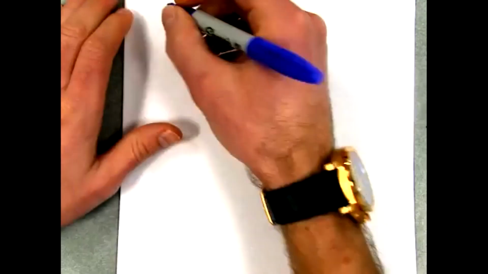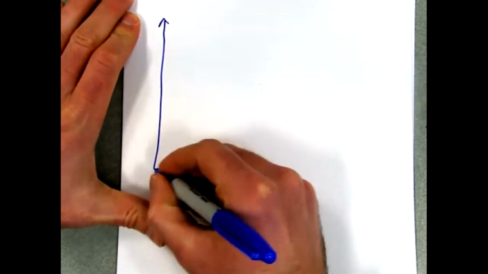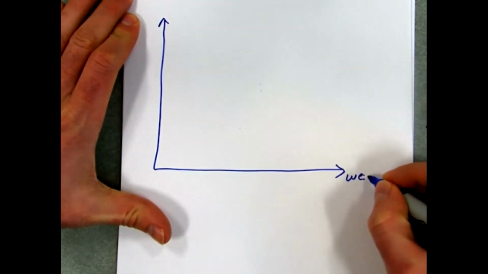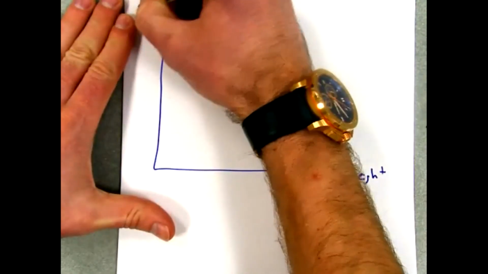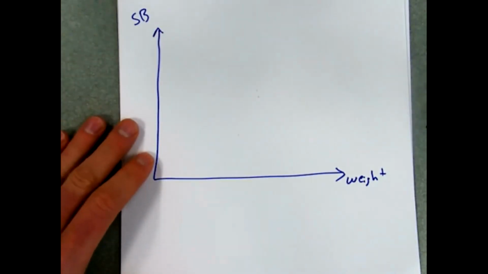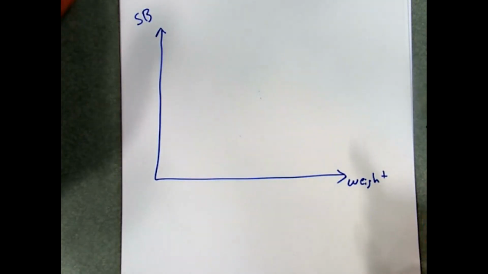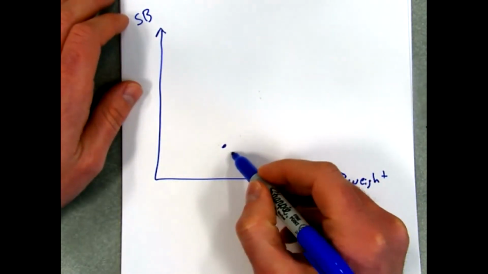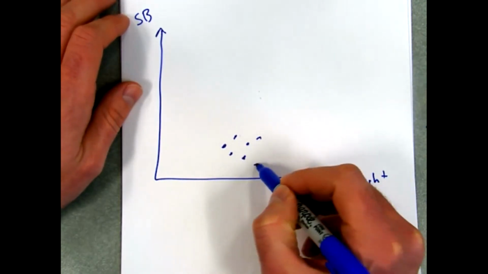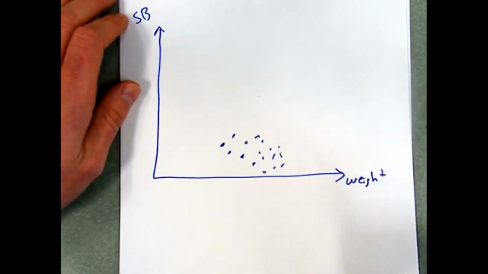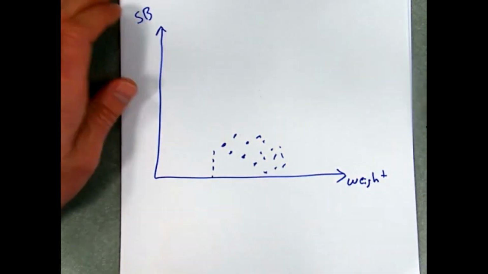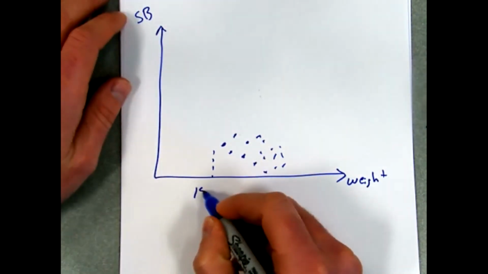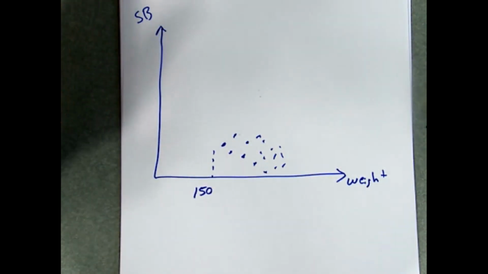let's keep running with this weight and stolen bases example. So let's say I've got weight down here and stolen bases as my y variable. It's likely that the data looks something like this, because it's unlikely we see a lot of Major League Baseball players weighing less than 150 pounds.